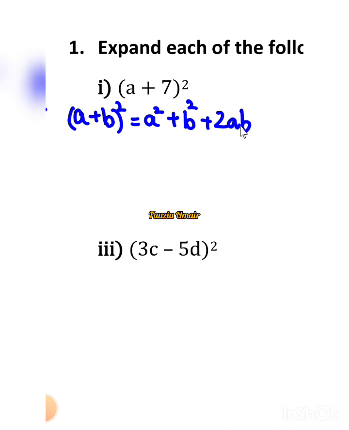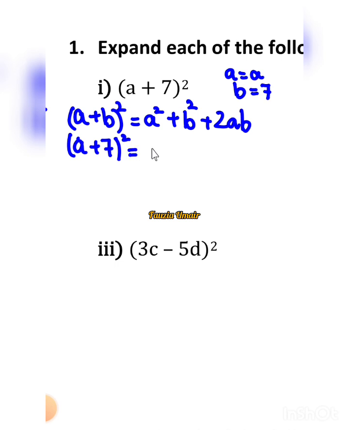So now I will see what a and b are in this question. If I look closely, a is equal to a and b is equal to 7. So now I would only replace a with a and b with 7 in this formula. So my question will become (a + 7) whole square.